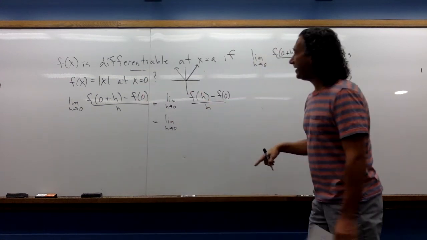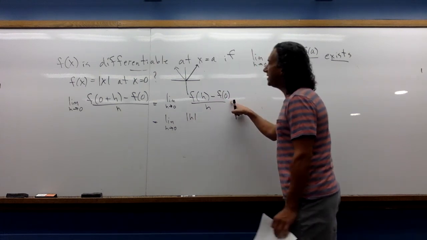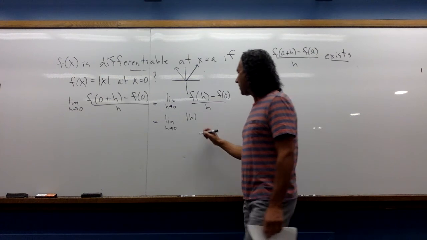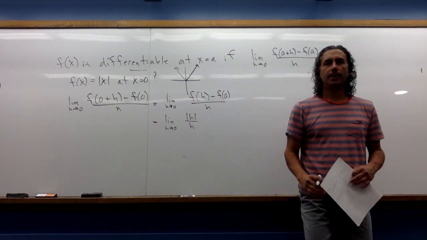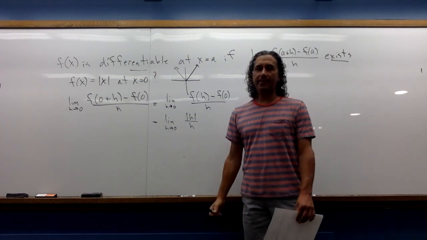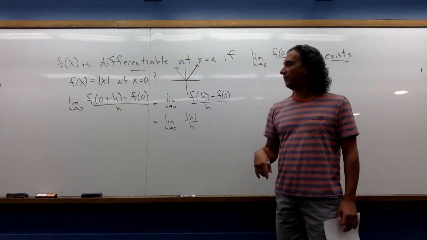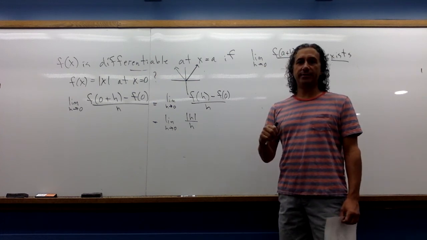Well, f of h is just the absolute value of h. f of 0 is just 0 because the absolute value of 0 is 0. And we're going to divide that guy by h. So how can we compute this limit? Well, it's a little bit tricky because the absolute value function is actually a piecewise defined function. Right?